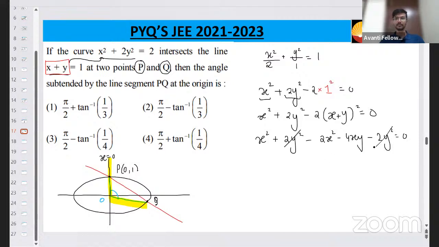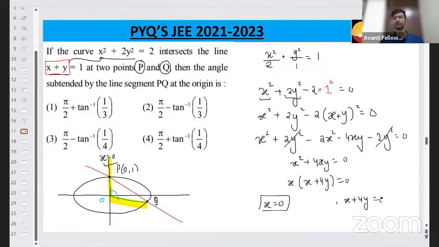So 2y square will get cancelled. So I'll get minus x square plus 4xy equals 0. If we take x common, x plus 4y equals 0. We already knew that one of the equations would be x equals 0 because that is the y-axis. The other equation would be x plus 4y equals 0, which is the equation of this line.